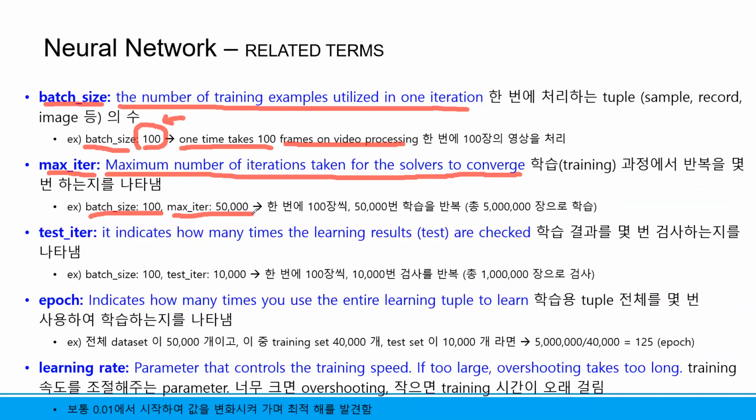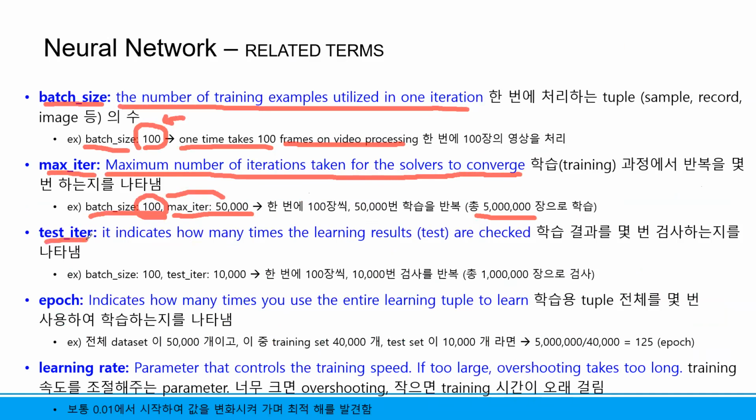So it means it will run 50,000 times and for every 100 batch. So maybe the total will be something like 50,000 multiplied by 100, which is 5 million times in total.